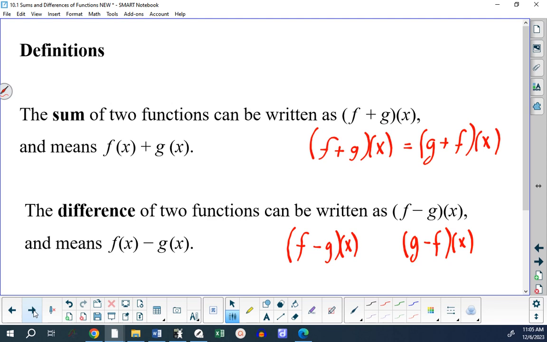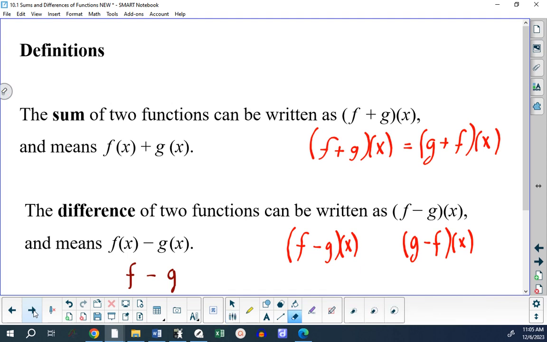And I know it might be too early to ask you this question, but if I tell you that f minus g of x is a function, that when you subtract two functions, you get a new function. If I tell you that f minus g is a function, and sometimes I will say f minus g, and that's okay. Sometimes we will even write that, and that's okay.